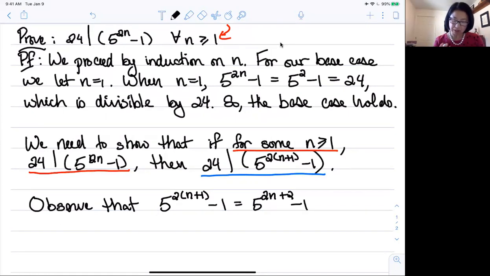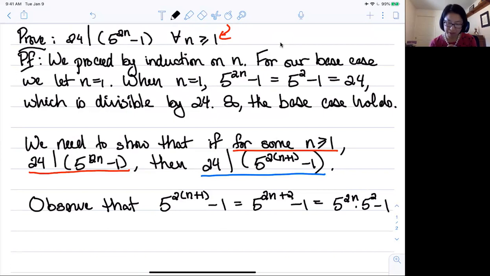And here, the trick is going to be to somehow see the thing we know about inside the thing that we have here. Okay, so let's see. I guess 5 to the 2n is something that we know about. So let's see, we can rewrite this as 5 to the 2n times 5 squared minus 1.